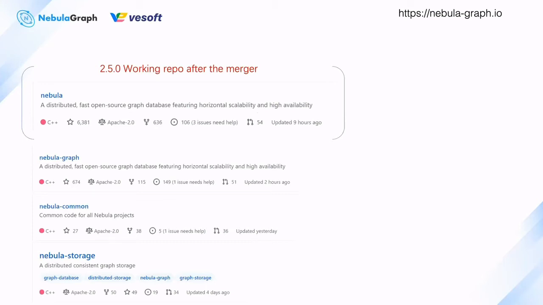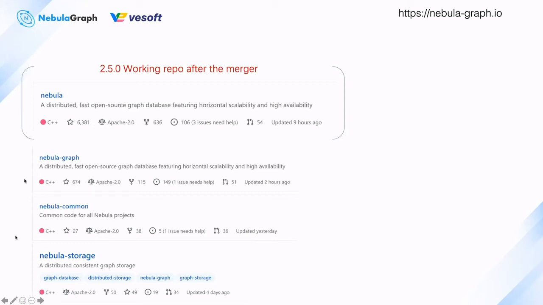The last one is we come back to the repository structure. Some of you will already know that in the legacy version 1, we were using a mono repository, only a single Nebula repo, and we broke it down into 3 separate submodules since version 2, and until 2.5 it stays so.